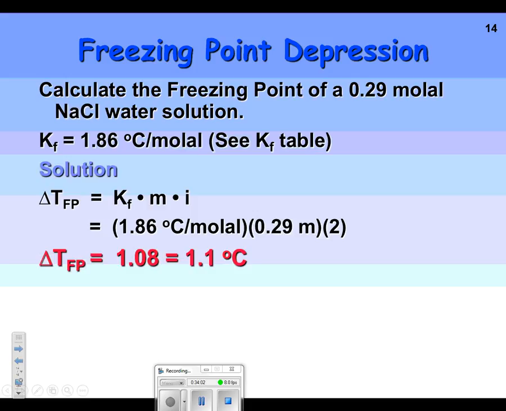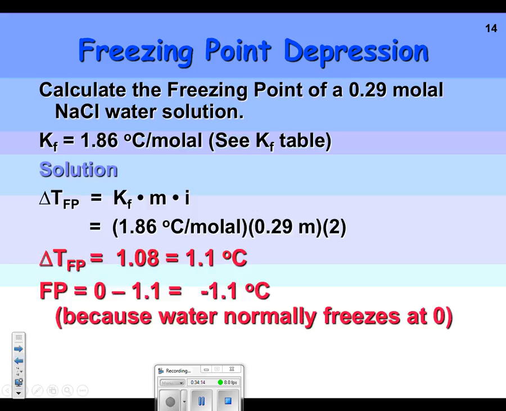What do I do with that? Freezing point depression. It's lower, so what's the freezing point of water? 0. So if it's lower than 0, I'm going to subtract it. So it ends up being negative. That's why I had you put a negative on that side of the chart. So you know that freezing point depression has got to be lower, and it's probably going to be negative because we're going to be working with water a lot.